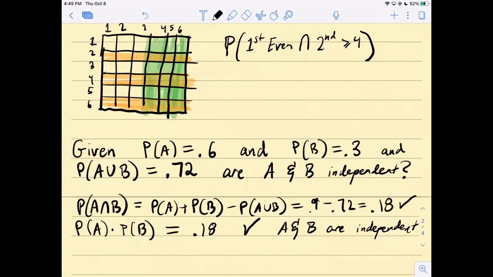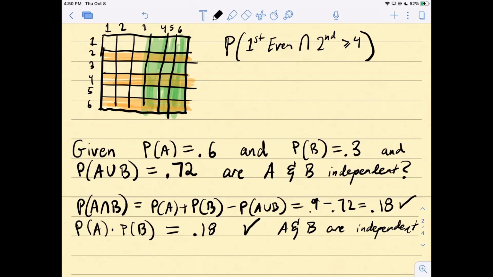So it's helpful to think of event A along one axis and event B along the other axis. And when you have the joint probability, you could figure out the overlap.